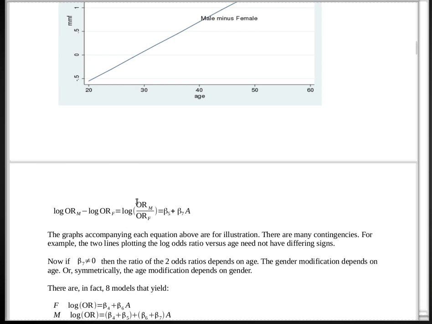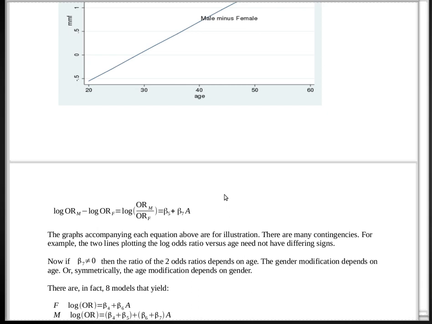So all of this is giving us the circumstance in which the log of the ratio of odds ratios is a line, if this model is at all appropriate. And the slope of a line is telling us about whether or not age modification depends on gender or gender modification depends on age.